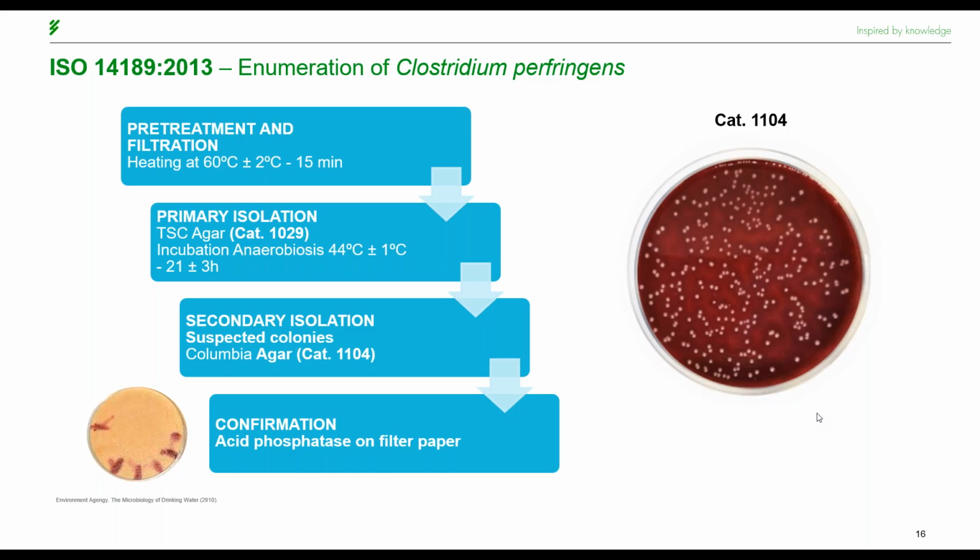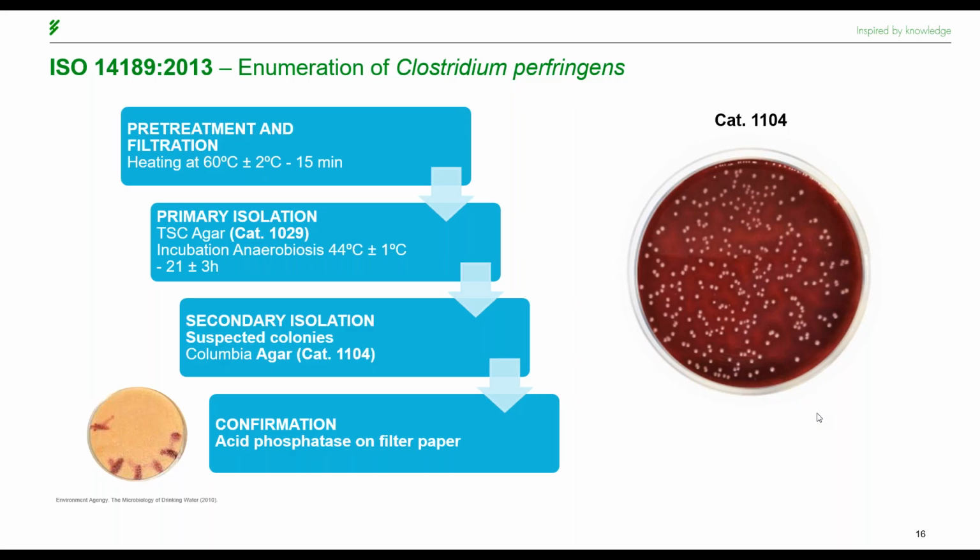After incubation, the suspected colonies are enumerated, since due to the reduction of sulfite to sulfide, it usually produces colonies of a black, gray, or even brown color. This black coloration of the colonies disappears quickly, so it is very important to count within the 30 minutes after the end of the anaerobic incubation.